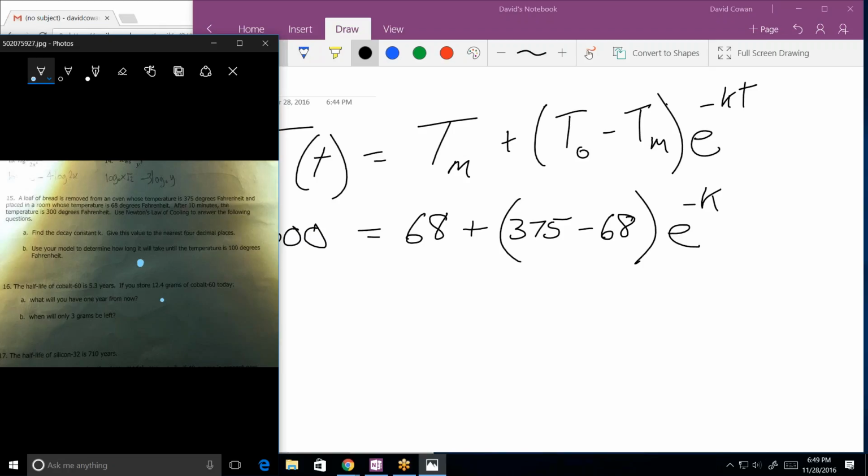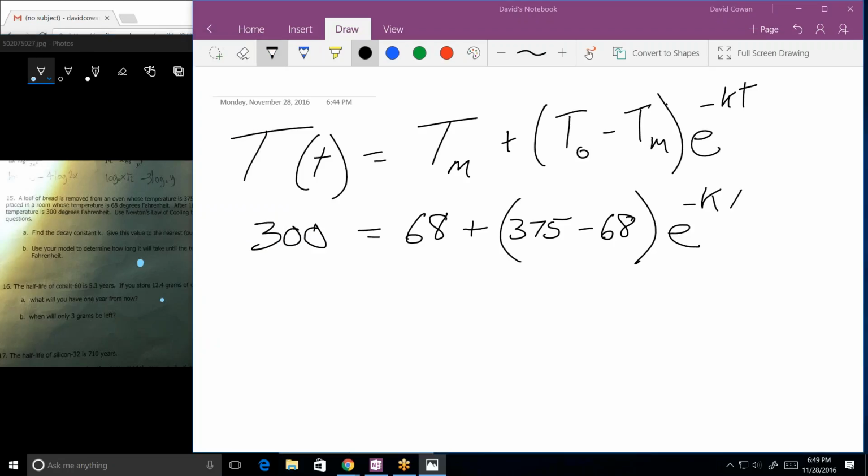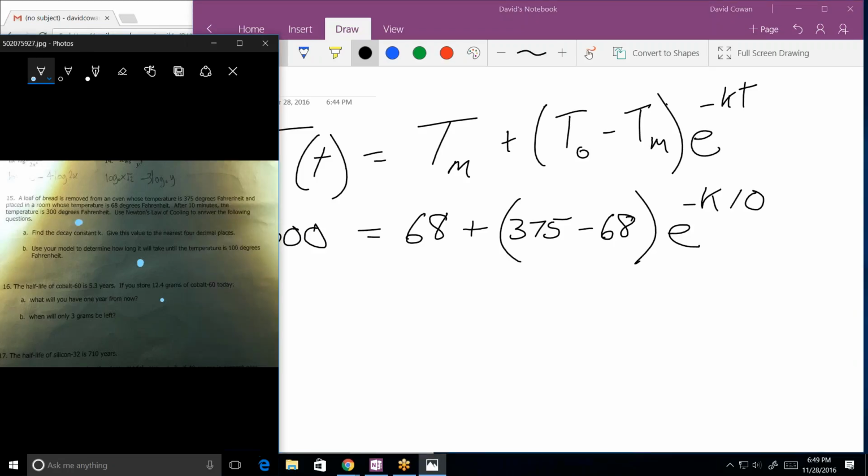If we're in something other than years, then k is going to be different. So in this particular problem, I'm going to put t in minutes, because they said 10 minutes after it's removed, it's cooled off to 300 degrees.